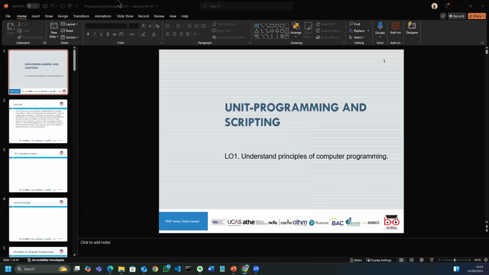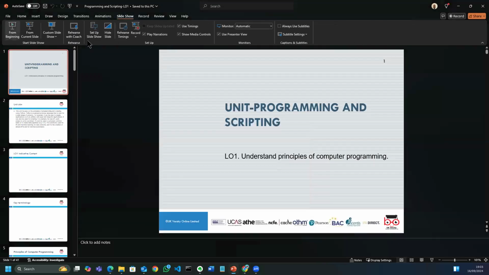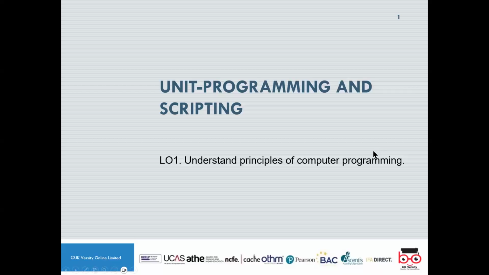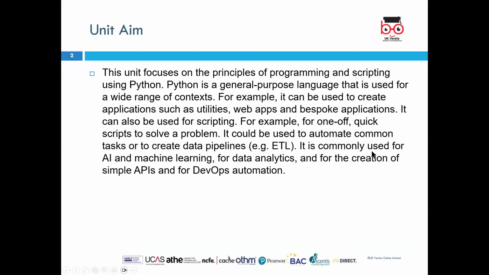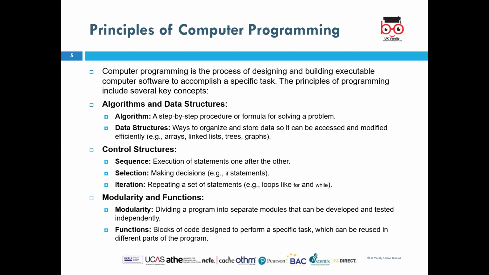So let's dive into our presentation. We have introduced our unit aim, and obviously this is a level 4 qualification. So what we'll do, we'll look into the fundamentals. We need to understand the reason behind programming languages.